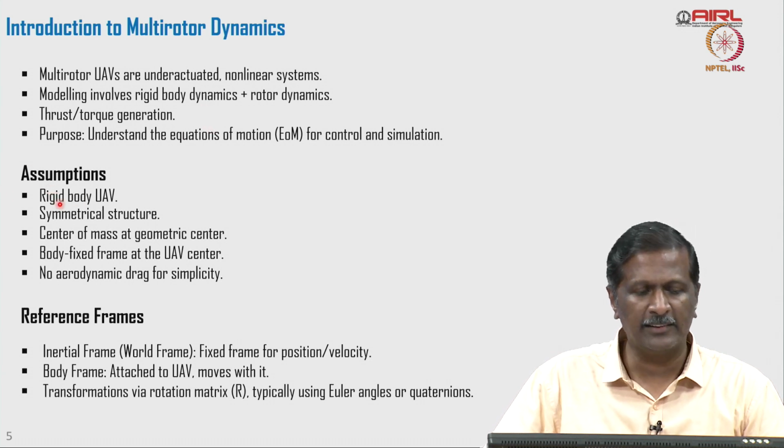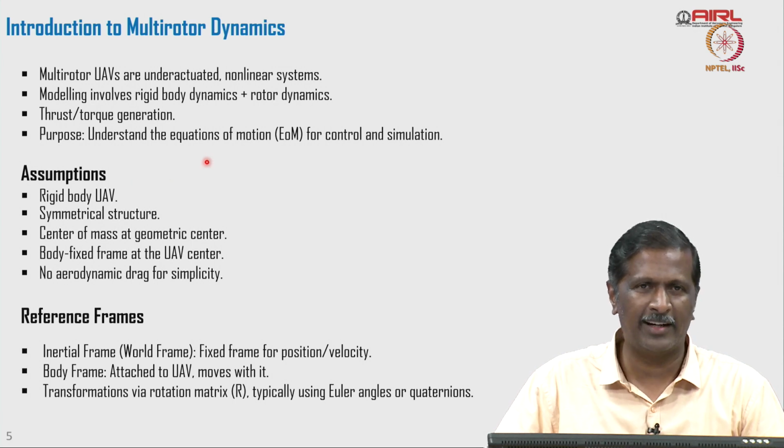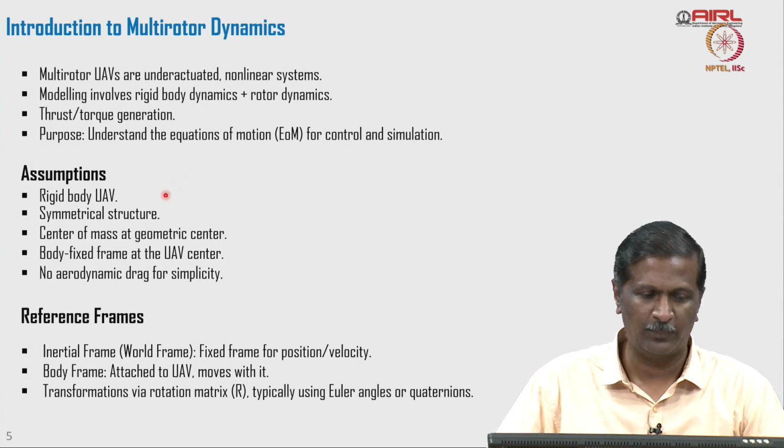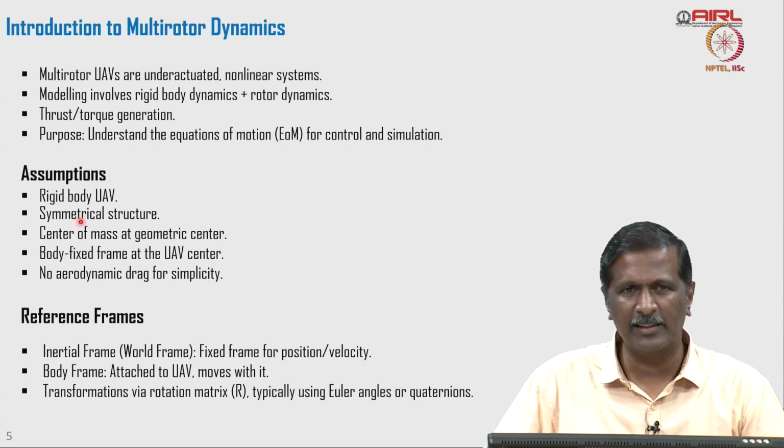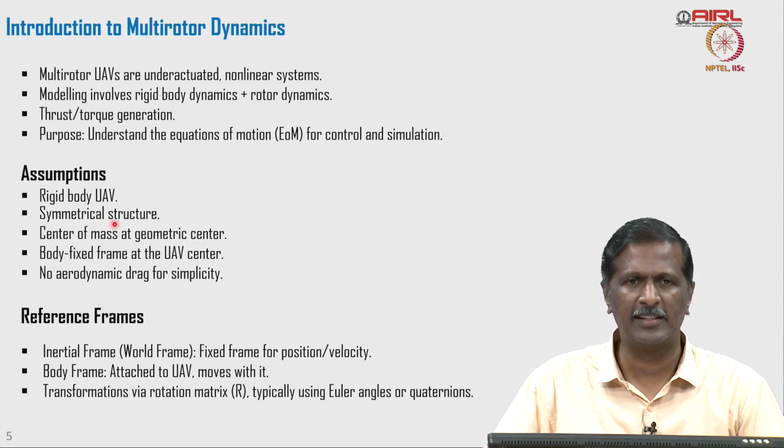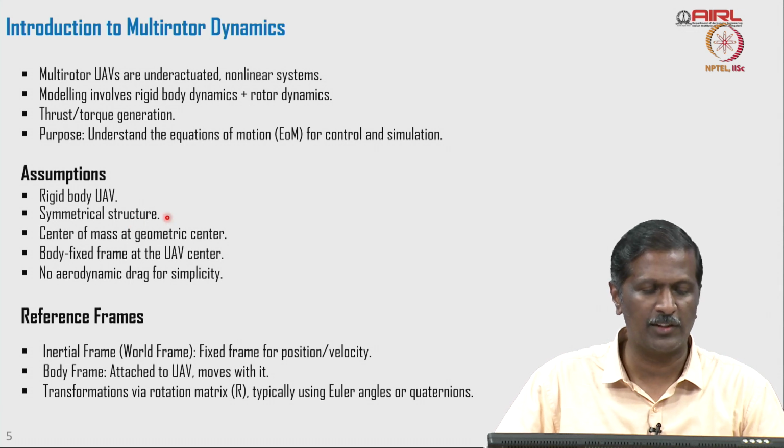The first assumption is that the whole aircraft is a rigid body, right. Even though some amount of bending will take place, we just assume that it is very small and ignore it. Second, we are assuming that it is symmetrical in nature, so that deriving the control input becomes easy. It's not necessary, but if it is, it's easy to derive the equation of motion.